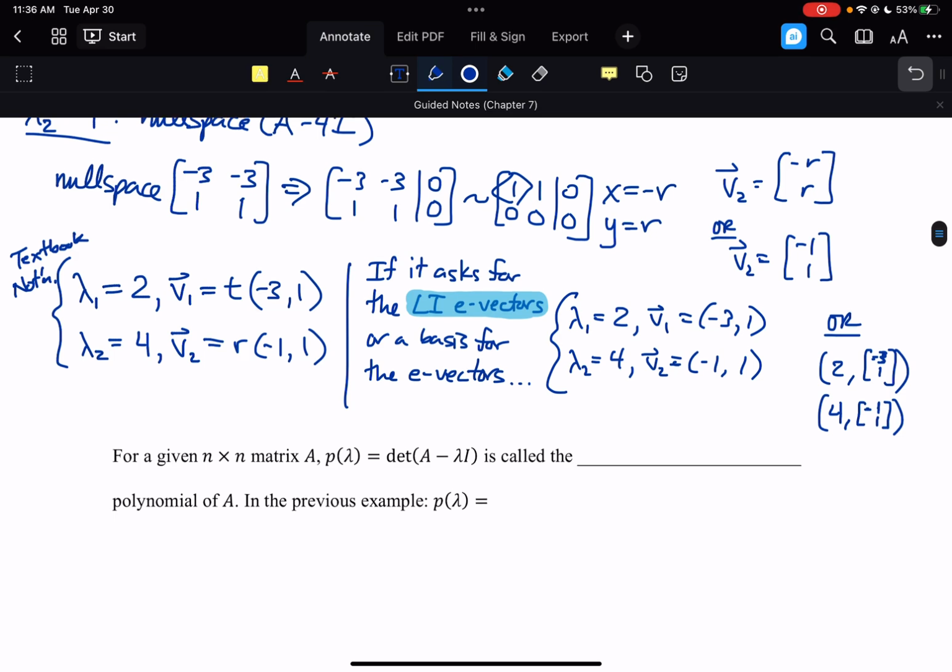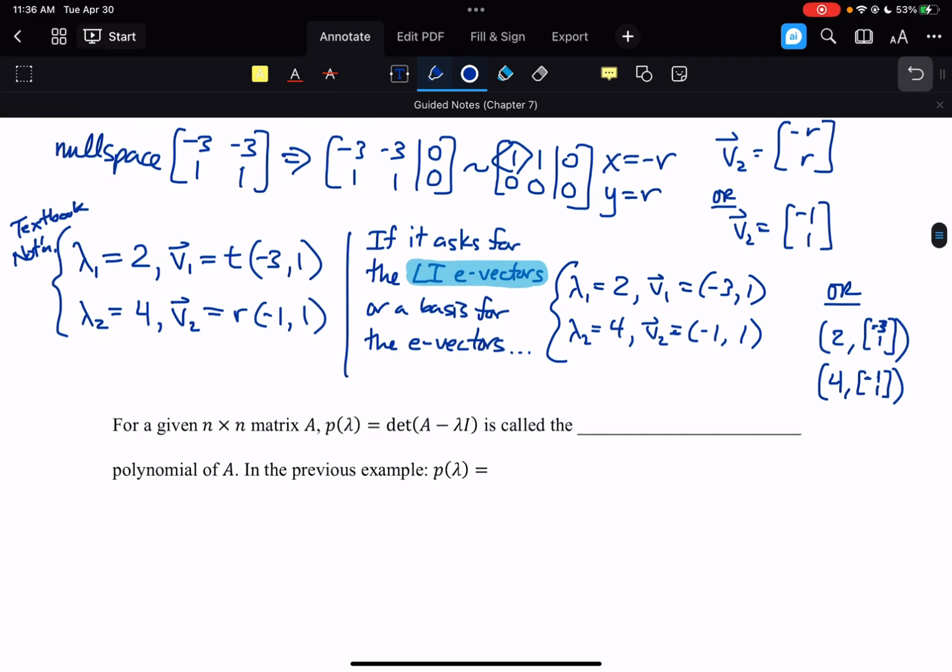Now, for any given matrix A, we have this expression P of lambda equal to the determinant of A minus lambda I. That's the calculation that we just did to find the eigenvalues.